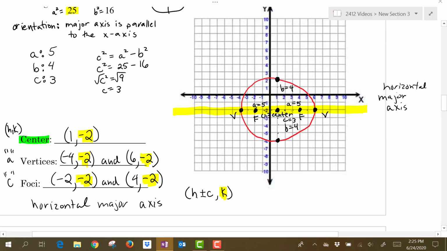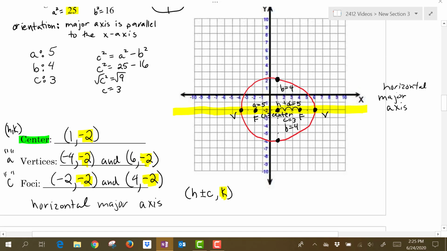So how did we get h plus or minus c? Okay, so you start at the center that has an h value, the same x value of the center, so that's 1. So what do we do to 1? Well, we added 3, right? So we move to the right 1, 2, 3. So that's h plus the c value.